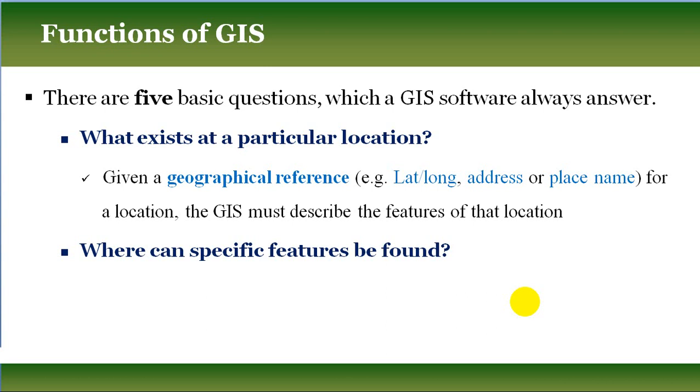Based on those conditions, the GIS finds the location for them, and that is called where can specific features be found. I do not know the location, I do not know the lat-long or address, nothing. Instead of that, I have certain conditions that I provide to the GIS software, and GIS software finds out the location according to these.